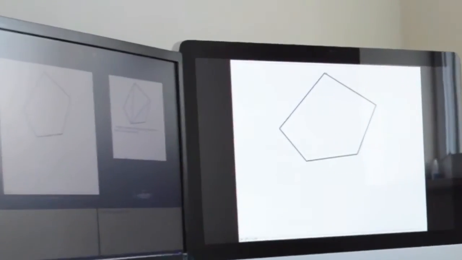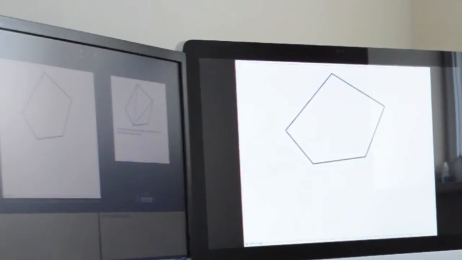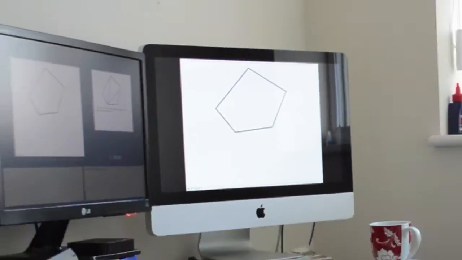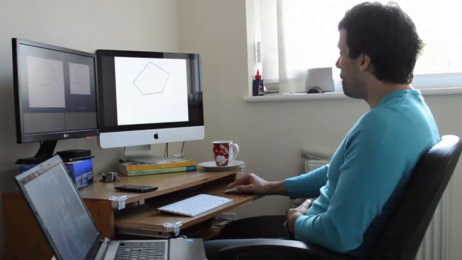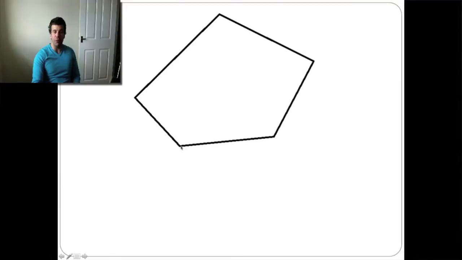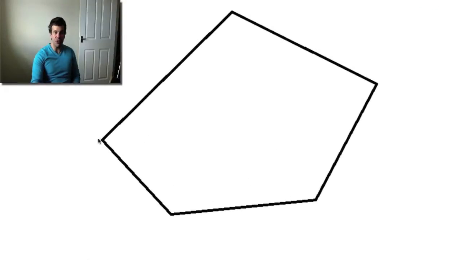Let's take the pentagon. We know it's a pentagon because there are 1, 2, 3, 4, 5 sides. Take any vertex or corner that you like. I'm going to choose the bottom one and join it up with diagonals to any other available vertex. This corner is joined with an edge, so you can't draw a diagonal here.